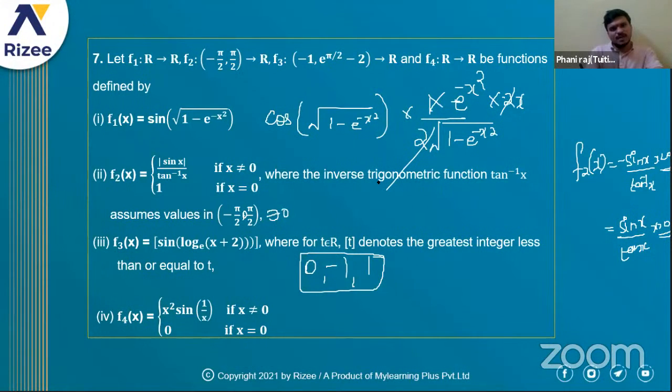It's clearly continuous, but is it differentiable? That's what we'll have to check now. I think e power minus x square is not differentiable, right? If x square is differentiable, x square is differentiable.